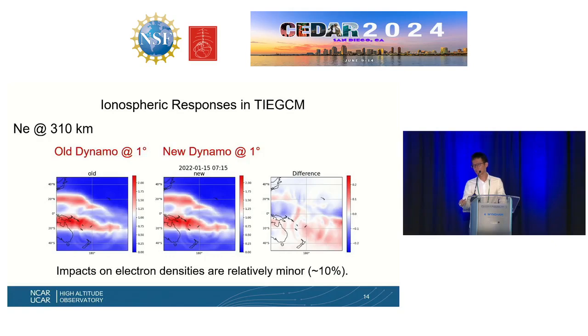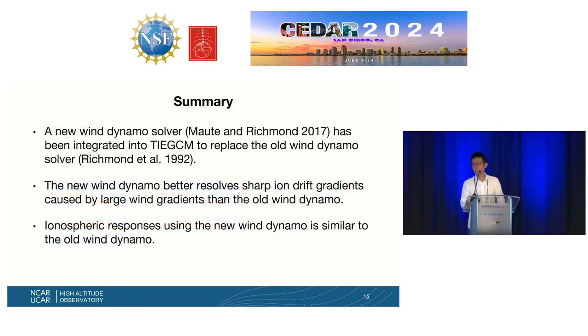So that's all, and this is the take-home message from this talk. The new wind dynamo has been integrated into TIE-GCM to replace the old wind dynamo, and it better resolves the sharp ion drift gradient caused by the large wind shear in the lower atmosphere, near the lower boundary.